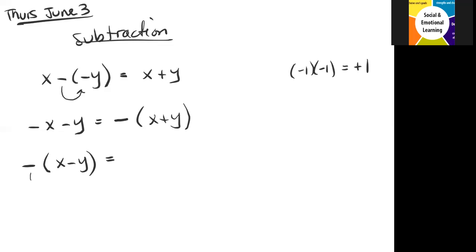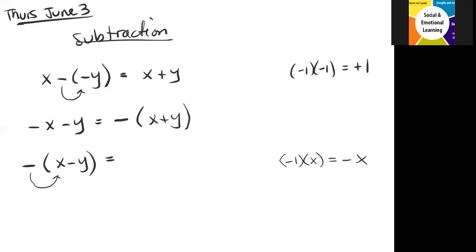We have a negative, and it's applying to a positive number, a positive x. So that's like saying -1 times x. Is that going to give us positive x or negative x? Negative x. It's going to give us a negative x there.